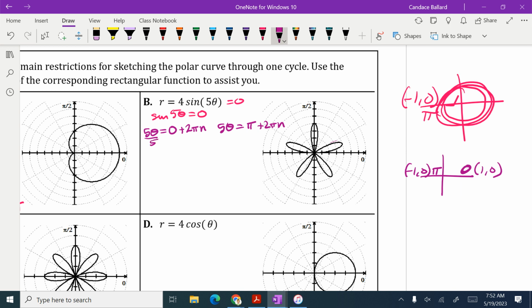I normally don't write this out in a calculus class. I'm going to divide everything by 5, including the 2 pi n. So we've got theta equals 0 plus 2 pi over 5 n, and theta equals pi over 5 plus 2 pi over 5 n.